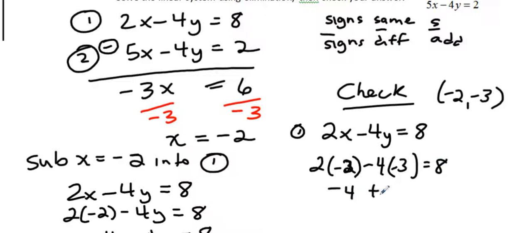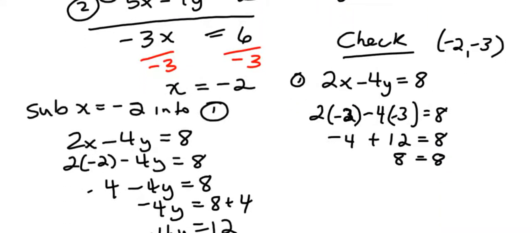Minus 4 plus 12 equals 8. 8 equals 8. Yay, left side equals right side. So I'm just going to write that down. Okay, first one worked. Kind of knew the first one was going to work because that's how we got the y. But now, let's check that other one.